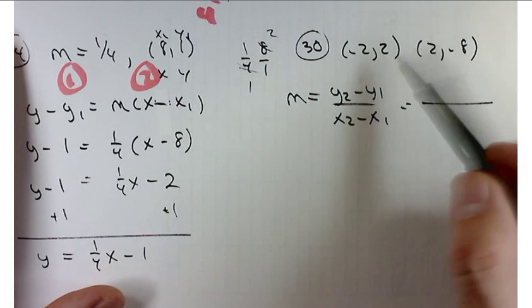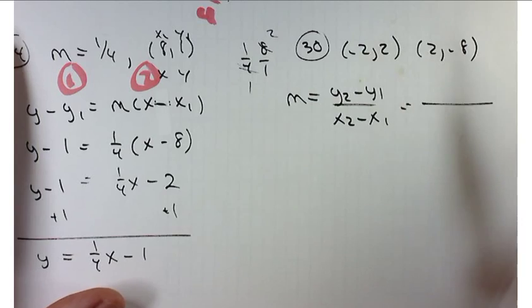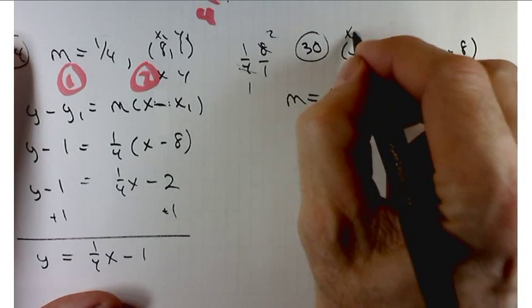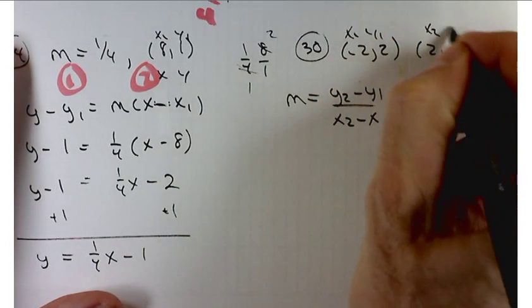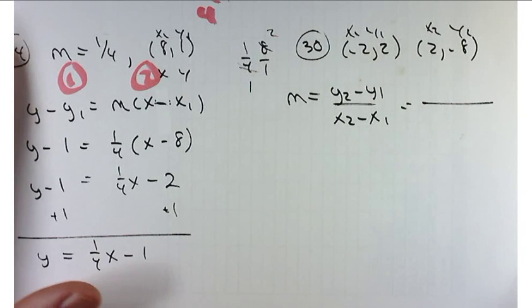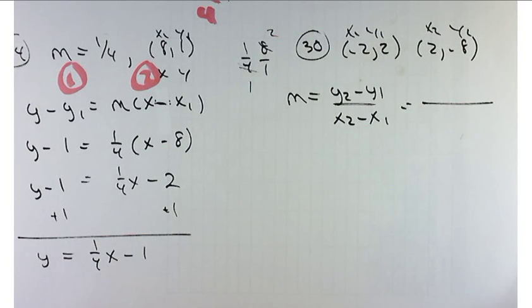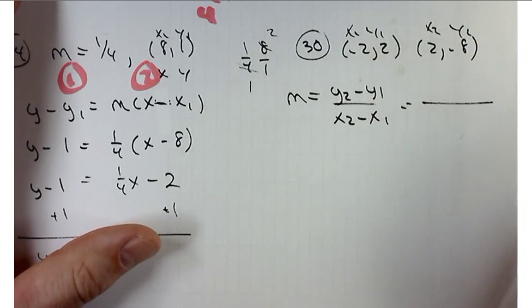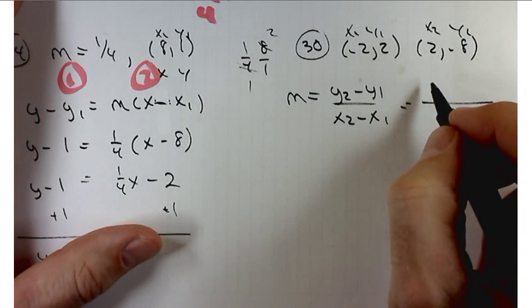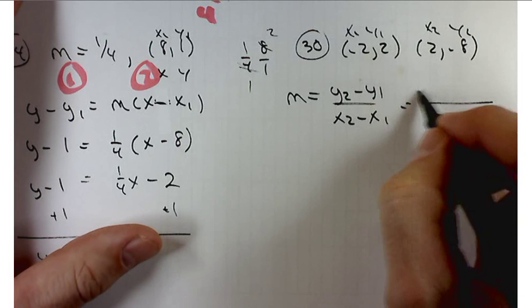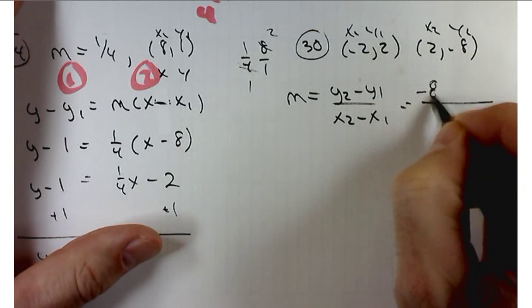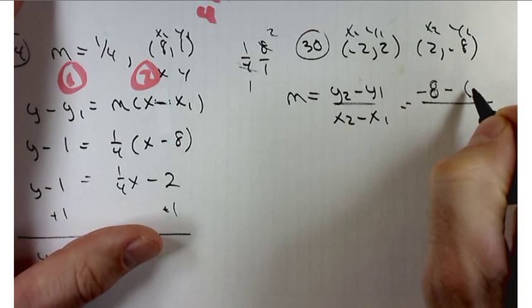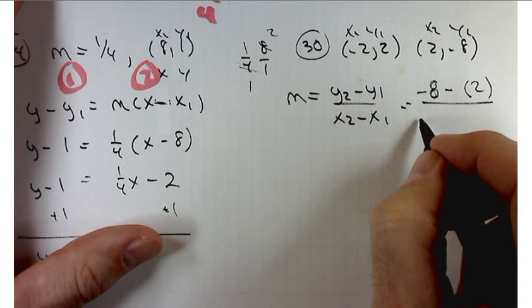Let's see about finding the slope then. We'll call this x1, y1, and this is x2, y2. Mark, what does this formula look like when you fill it in with these values? Good. -8 minus 2. Good. Over.